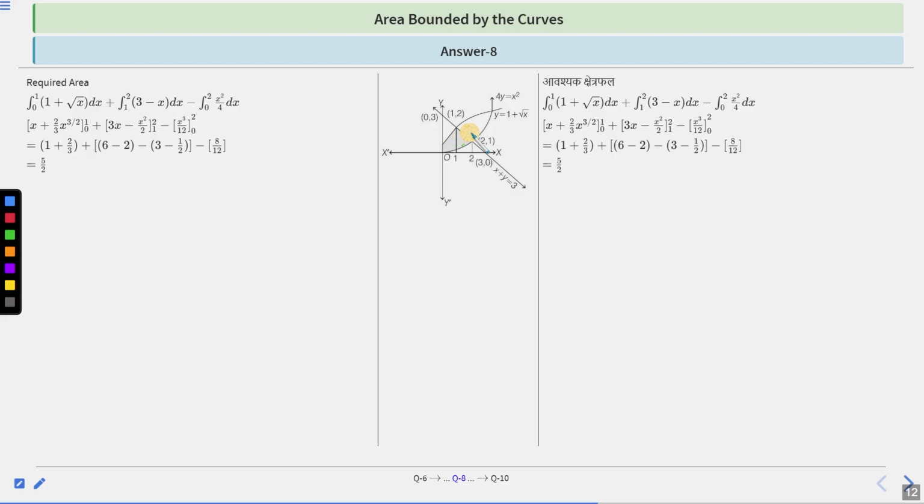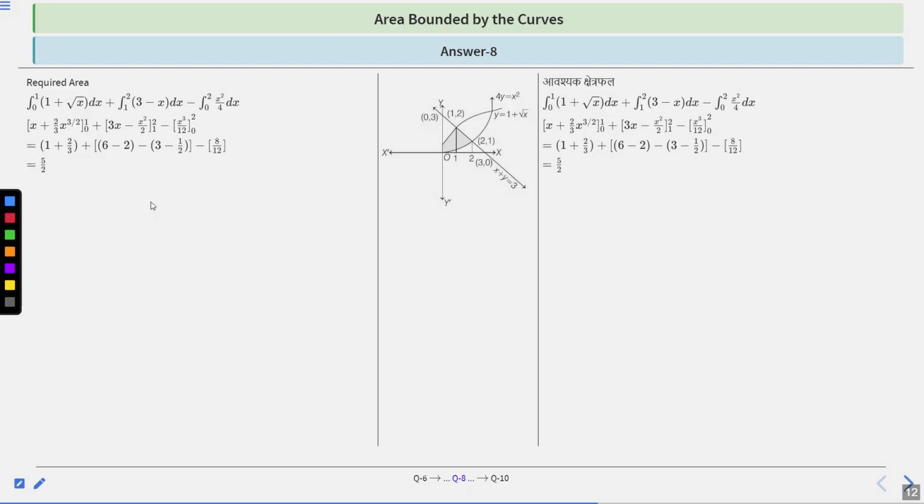Therefore, the required area will be the integration from 0 to 1 of 1 plus root x dx, plus the integration from 1 to 2 of 3 minus x dx, minus the integration from 0 to 2 of x squared by 4 dx. After integration you will get x plus 2 by 3 x to the power 3 by 2, limit from 0 to 1, plus 3x minus x squared by 2, limit from 1 to 2, minus x cubed by 12, limit from 0 to 2.